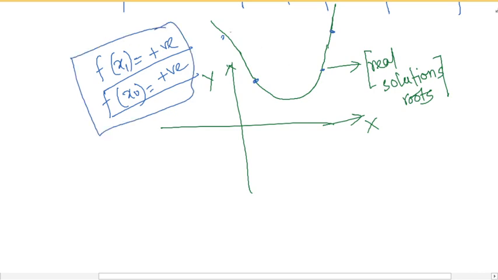And if you don't know the shape of this graph, and the computer will not know about this, so if you impose the bracketing method over this one, it will go on for infinite time, but it will not be able to give you any solution. So it will create problems. So one limitation of the bracketing method is this one.